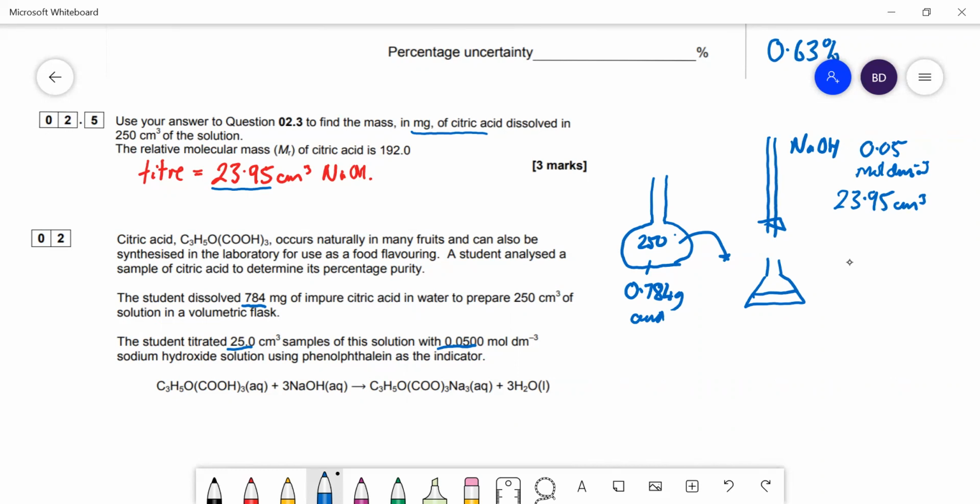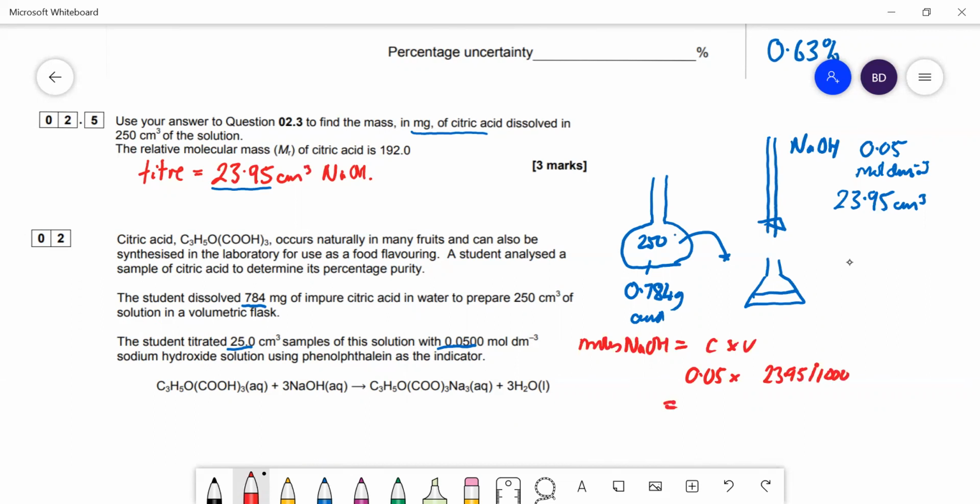What we're going to do first of all is work out the moles of NaOH in the titer. So that's concentration times volume, 0.05 multiplied by 23.95 over 1,000. That's got to be in dm cubed, don't forget.